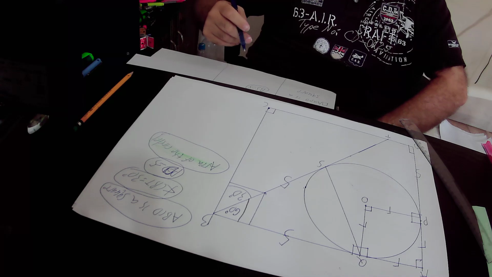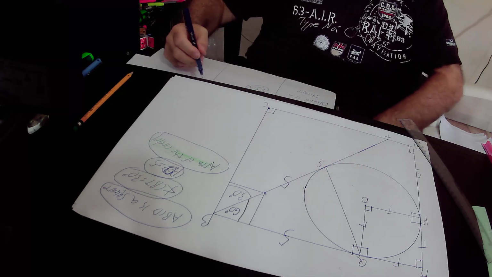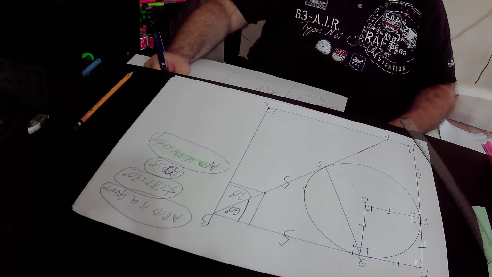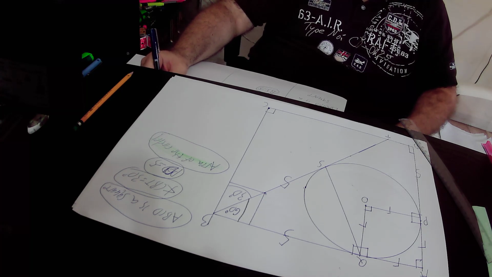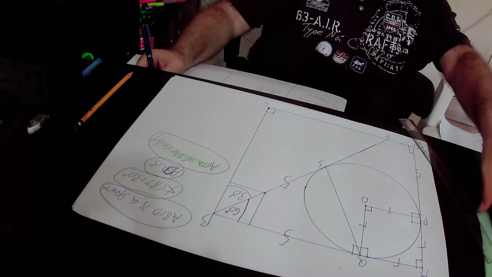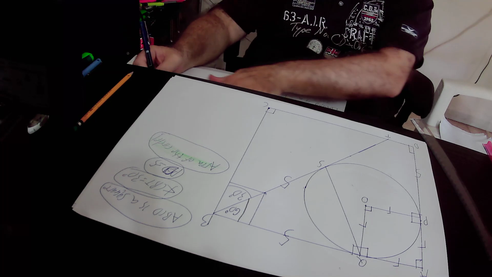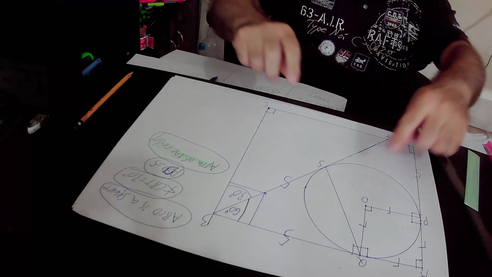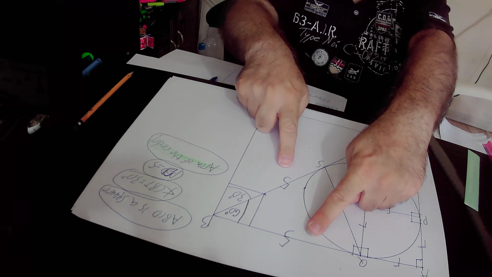We'll focus on triangle QBS. In triangle QBS, those two sides are both equal to 5 units, therefore they are equal to each other.